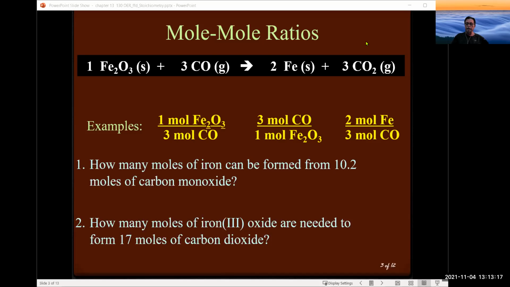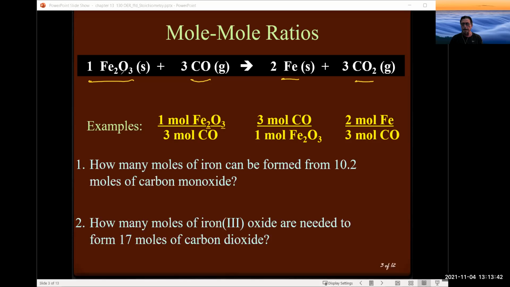Let's take this specific example. We have the reaction here. We have iron(III) oxide right here, reacting with carbon monoxide to give us iron and carbon dioxide, okay? And so let's double check, make sure everything's balanced.